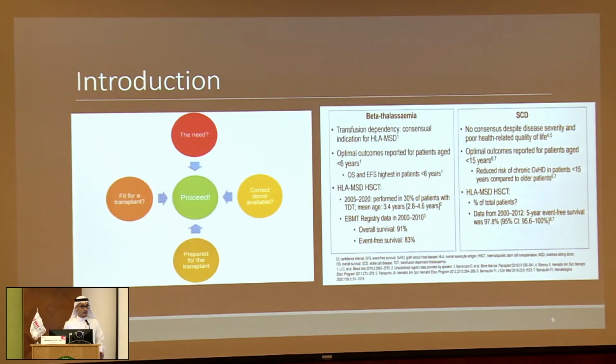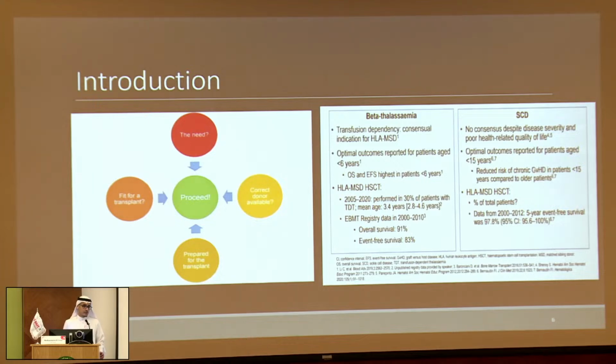But we have to put one thing in classical treatment for the selection of those patients. It is very well established, at least in the last 20 to 30 years, that the younger they are, if you use the classical conventional myeloablative therapy, the better the outcome.